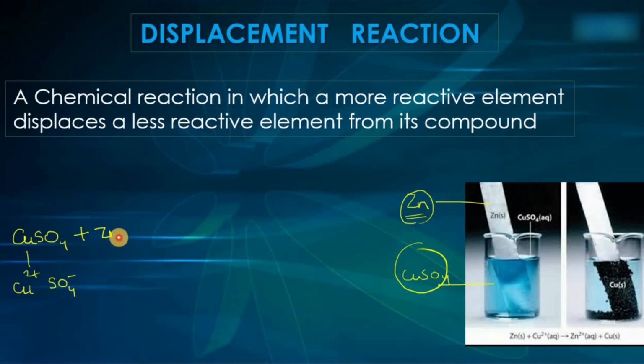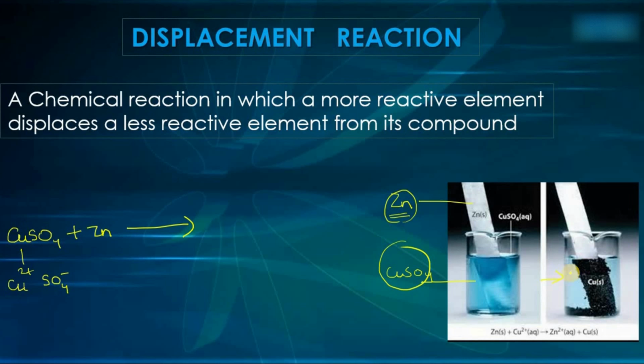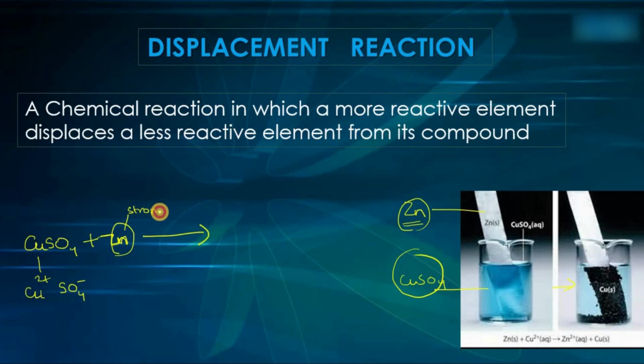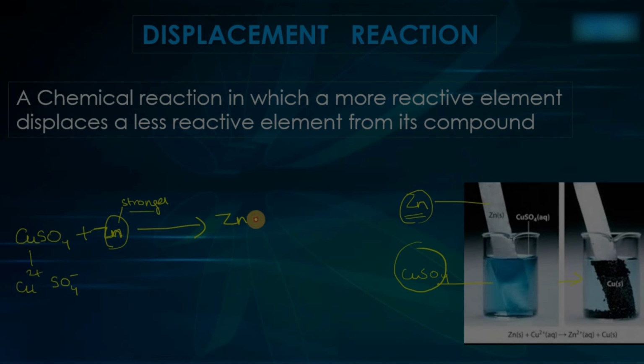Plus zinc gives what? Now this is my product. Since zinc is much stronger than copper, it replaced copper. That is, I get ZnSO4 plus Cu.